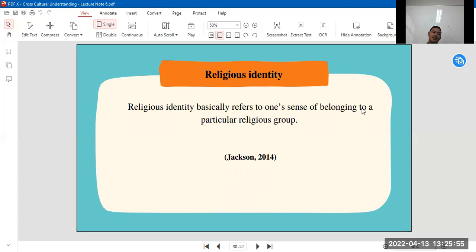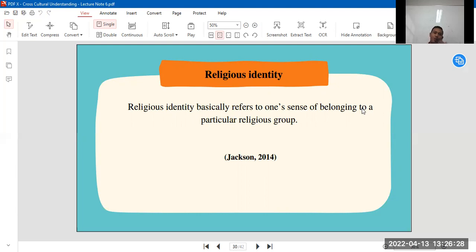Here, religious identity is concerned with the process by which individuals decide what their relationship to the religion will be. In many contexts, messages from the family or religious figures begin at a very early age and are reinforced through various rituals like prayers and also ceremonies, like baptism for Christians.